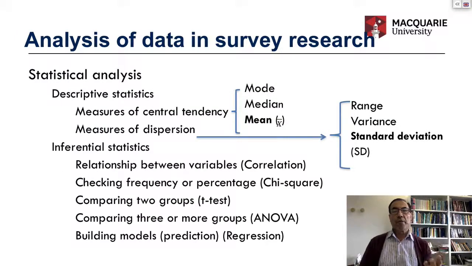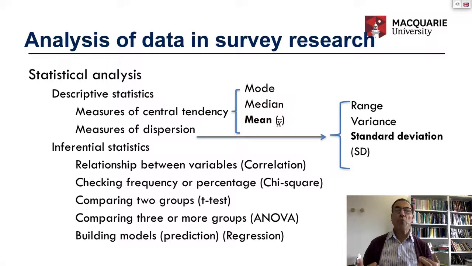Let's have a look at what these two types of statistics include. Descriptive statistics usually includes measures of central tendency and measures of dispersion. Measures of central tendency are mode, median, and mean, and measures of dispersion include range, variance, and standard deviation.